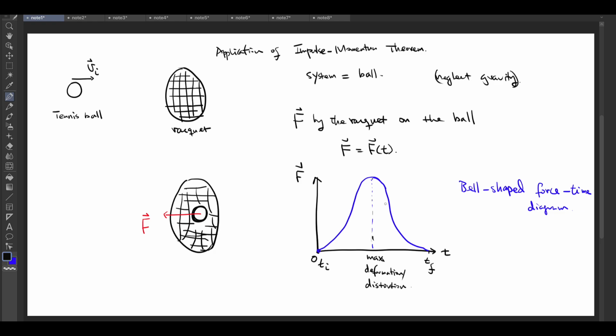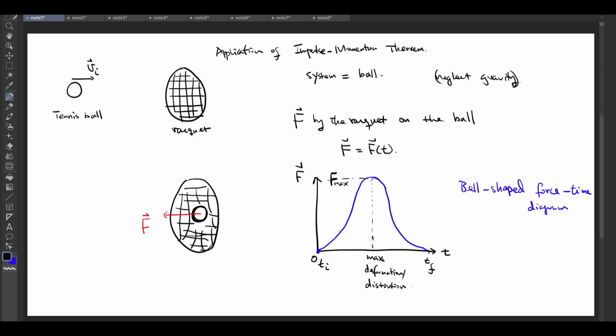And here the force is max, so that's F max. Now we see in this case the force is changing with time, so it's very hard to apply Newton's second law, because we don't actually know exactly this kind of curve.